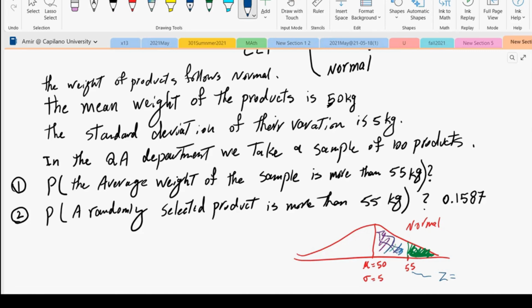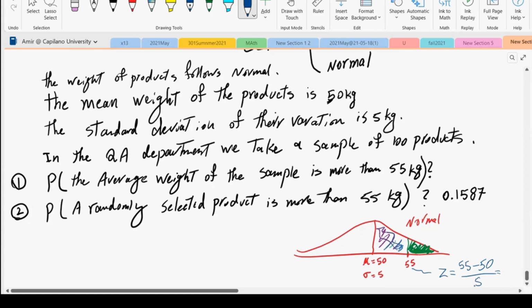0.3. No, 55. Oh, that's the minus area. 55 minus 50, divided by 5. We want to know how many standard deviations. One. Yeah, 55 is only one standard deviation far from the 50. Do you have normal table in front of you?